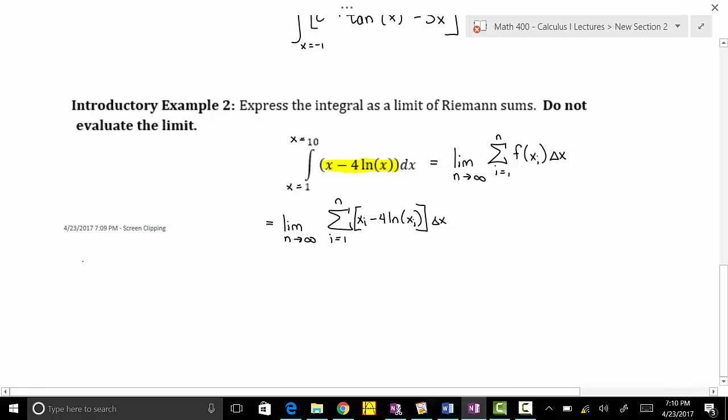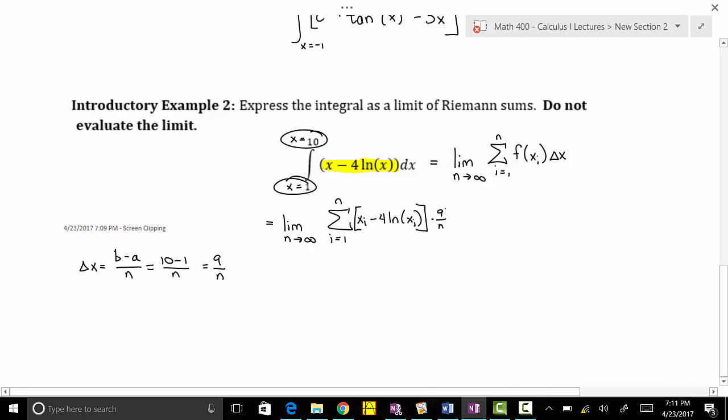Remember, delta x is always defined to be b minus a over n. Remember, b is the upper limit, a is the lower limit. So this is going to be 10 minus 1 over n, or in other words, 9 over n. So that delta x that I have written right here, I can erase and call it 9 over n.